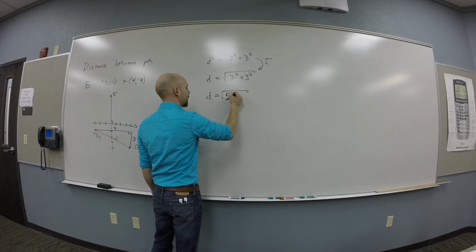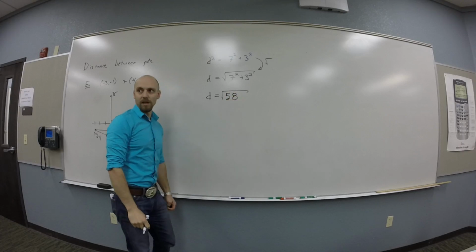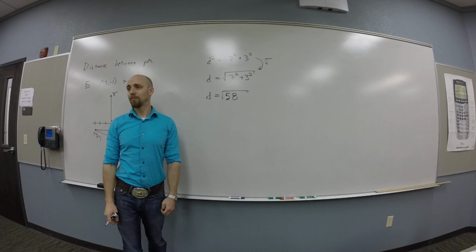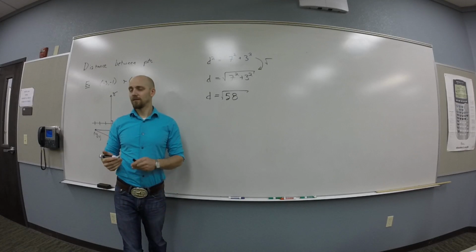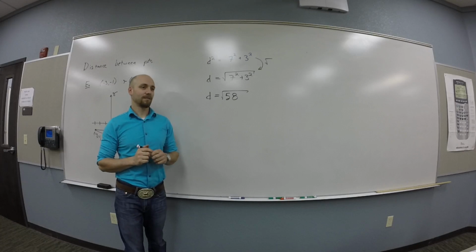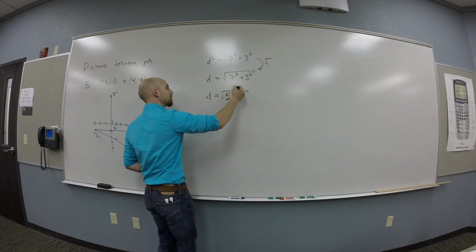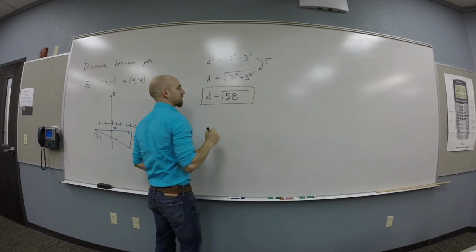Perfect. Does 58 have a convenient square root? No. Okay, so I'll probably leave it as the square root of 58. Somewhere between 7 and 8. Cool with this? Okay, so there's my distance.